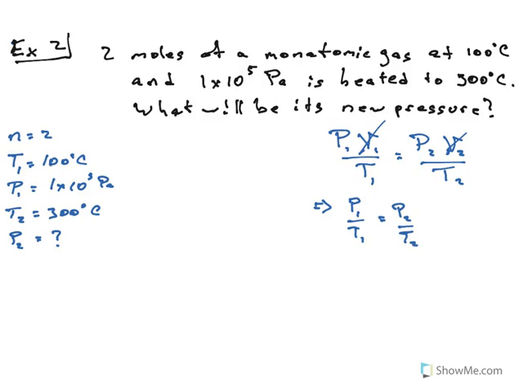Before I can do it, I need to make sure all my units are correct. For pressure, I have to be in pascals. Thankfully, I am. And temperature, I have to be in Kelvin. Remember, even though I am changing temperatures, the equation itself doesn't have change in temperature. It just has a T1 and a T2, but I'm not subtracting them. So don't confuse this with when I say, if you're told you have a change in temperature, you could use Celsius.